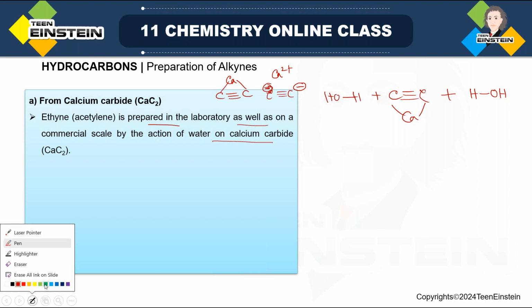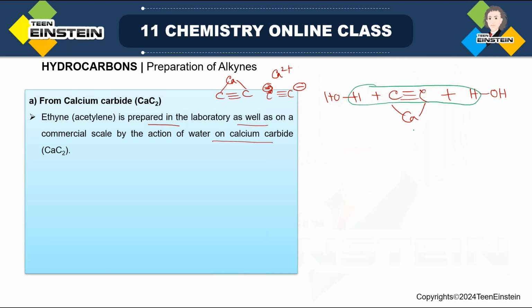Because in this way you will be able to understand the reaction, whatever is happening. So this part is making acetylene, and this HO with Ca gives calcium hydroxide. In this way it will be easier for you to memorize.